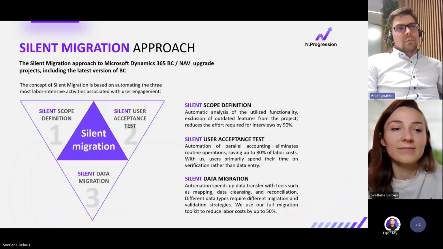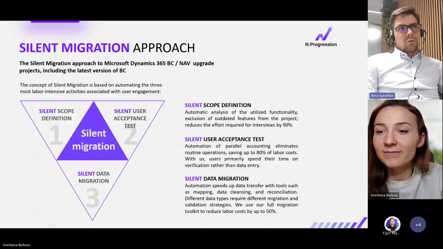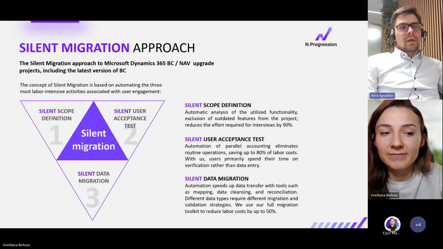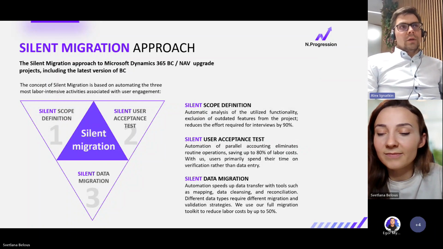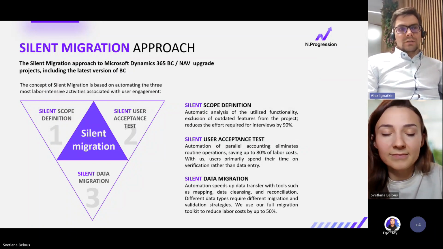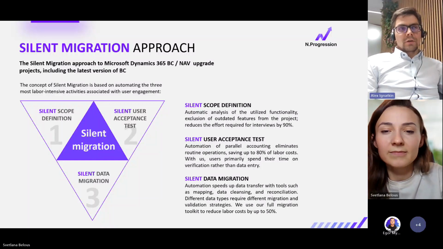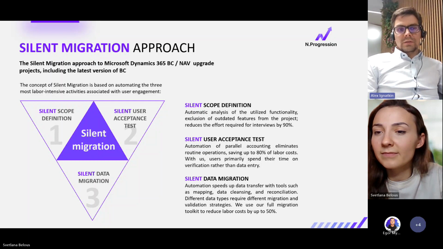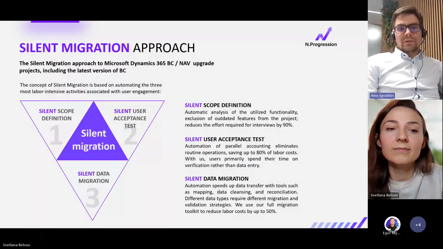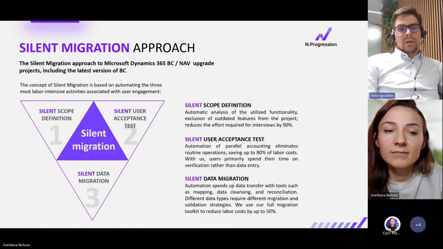So today we will talk about upgrade projects or migration projects to the new version of Business Central. And we called our approach silent migration, and it includes 3 major topics. All these major topics relate to crucial activities in any implementation or migration project.